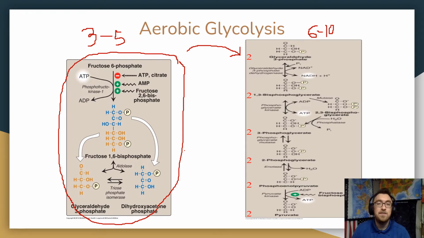Finally, in step 10 of glycolysis, the final substrate level phosphorylation in the pathway, phosphoenolpyruvate serves as a donor of the phosphoryl group transferred to ADP by pyruvate kinase, making ATP and releasing water, with the final products being pyruvate, as well as 2 NADHs, which is, of course, our net NADH, and a net gain of 2 ATP molecules.